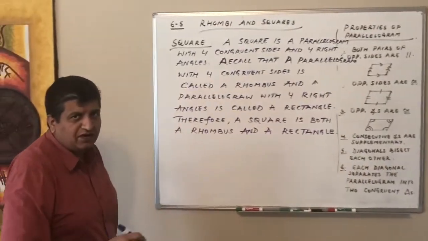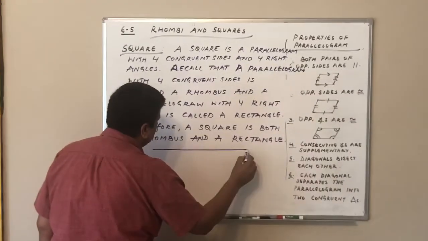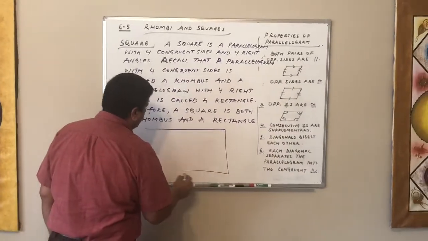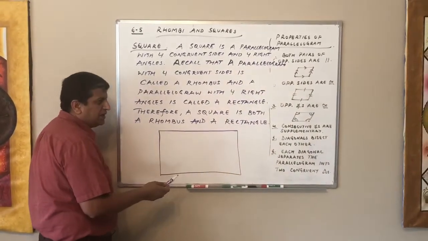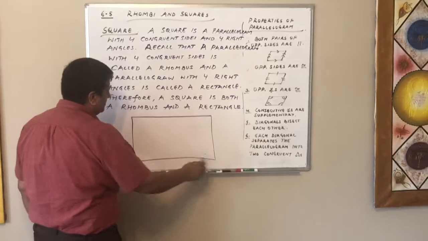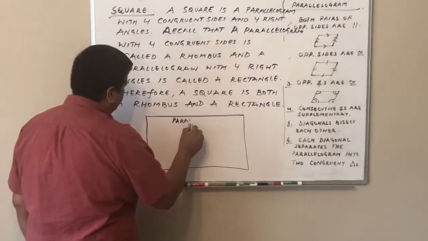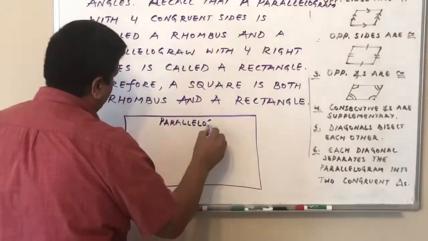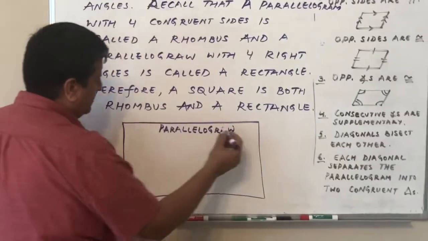The Venn diagram, like this, will explain the relationship between parallelograms, rectangles, rhombuses, or rhombi, and squares. So if this whole thing is parallelograms, that means opposite sides are congruent.